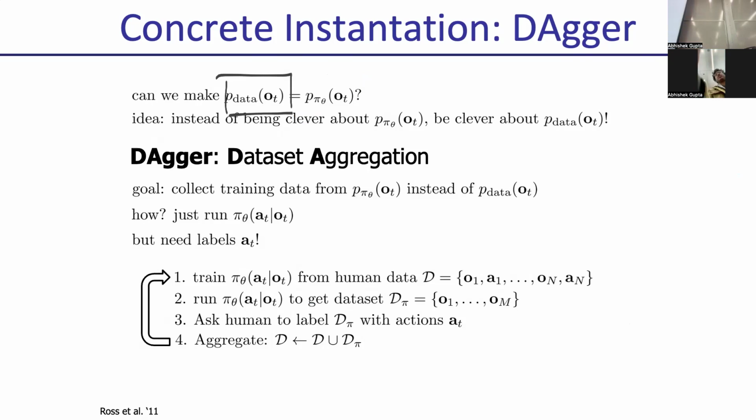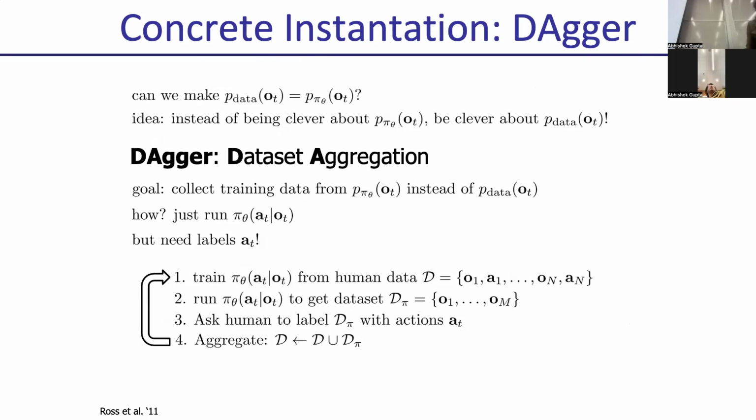The procedure is that there's some data set, that data set goes into supervised learning, and it gives me a policy pi theta. This is the coverage of observations in my expert data set. This is what happens when I run my policy, the set of states that I visit when I run my policy in the world. So P pi theta is what happens when I run my policy, and P data is what I trained on.